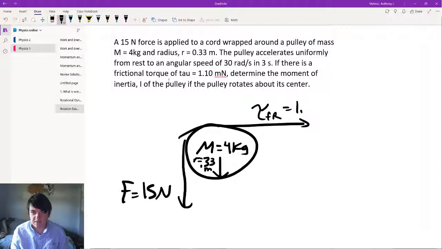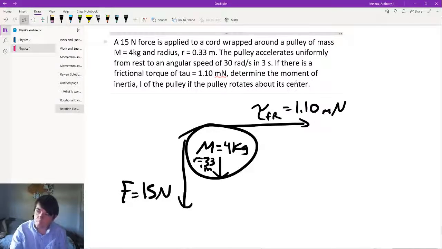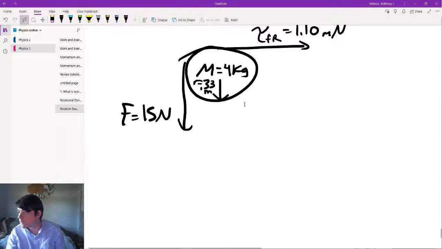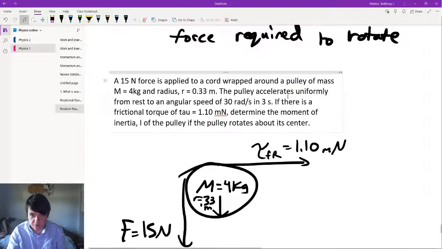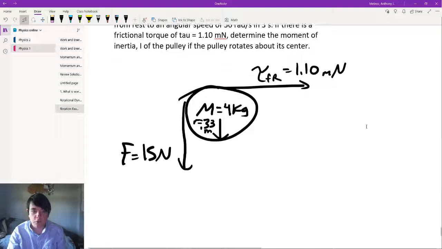The torque isn't in this direction, but it's going to produce something out of the page or into the page, in the opposite direction, but we'll illustrate it like this. So this would be some frictional torque right here. Then the pulley accelerates uniformly from rest to an angular speed.